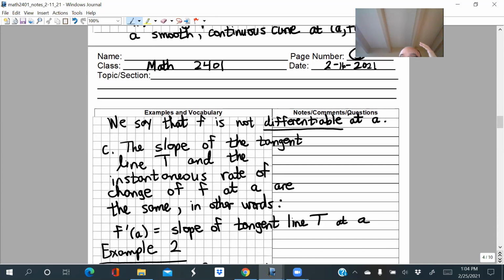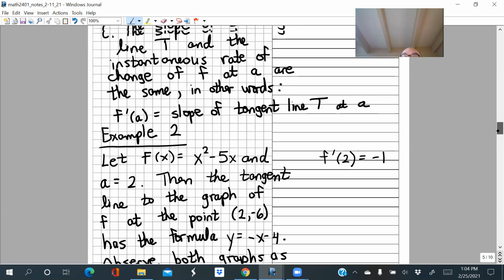If you do have a tangent line, we would say the opposite: it is differentiable at that point. Usually it's easier to say the tangent line exists than to use this long term, but that's the technical term. And remember, the instantaneous rate of change at a particular number is the slope of the tangent line at that number.